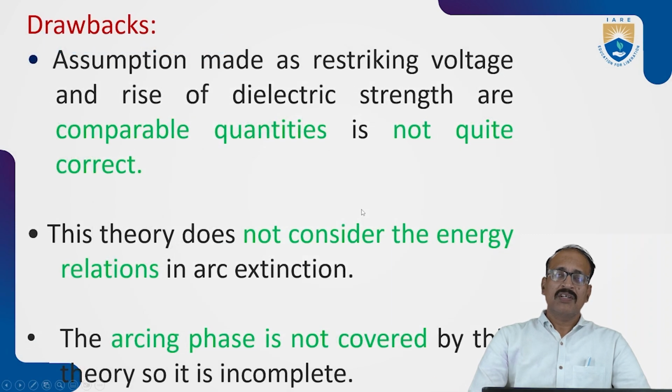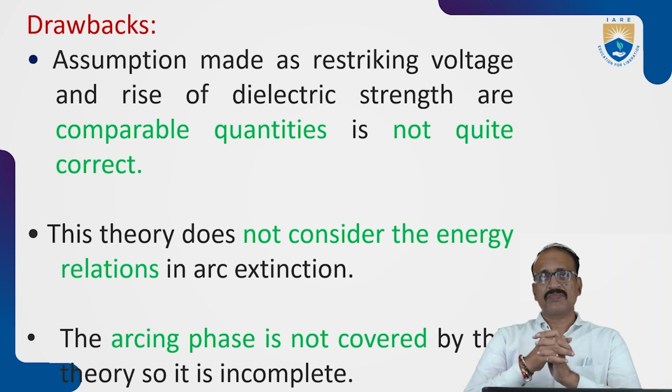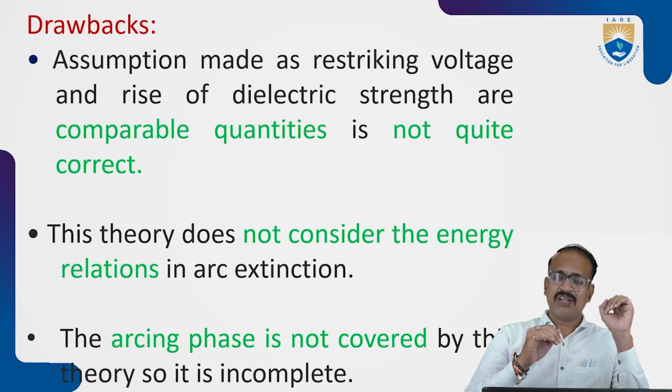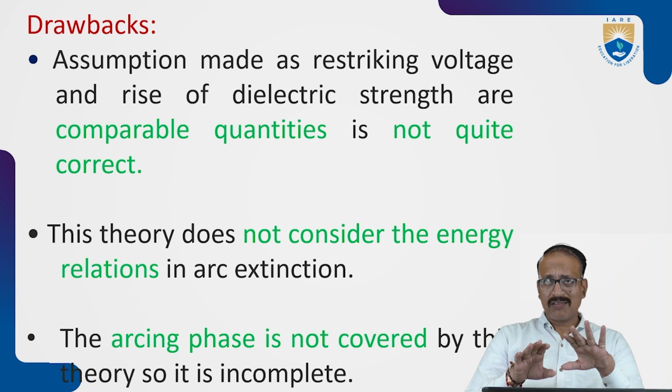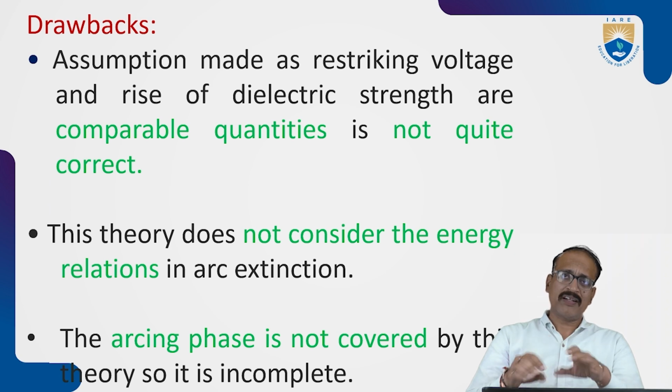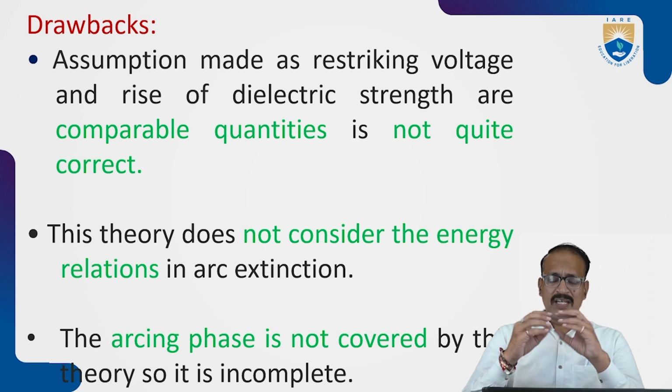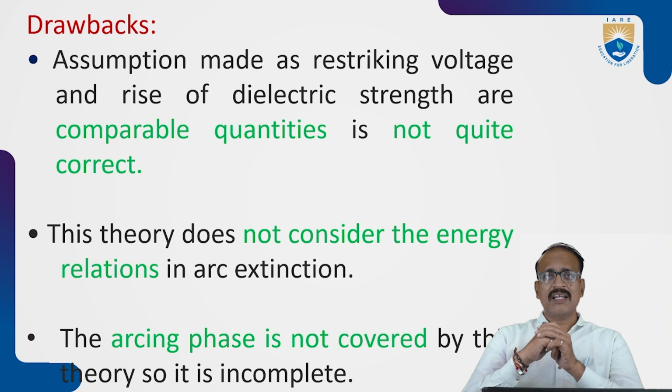So what is the drawback of this theory? The theory assumes that the dielectric strength and restriking voltage are comparable things, which is not exactly right. And also they are not considering the energy relations in the arc extinction.